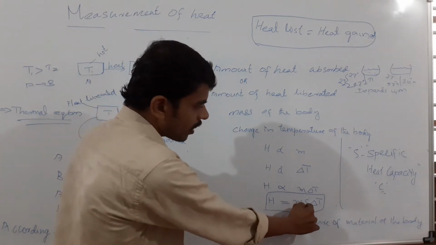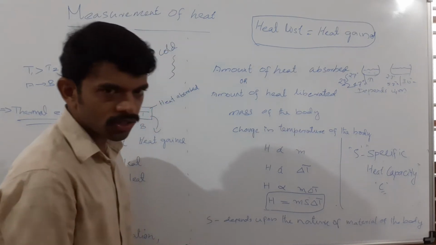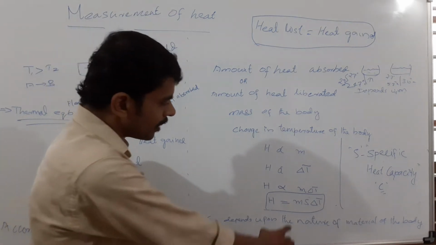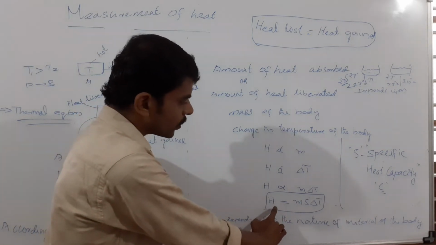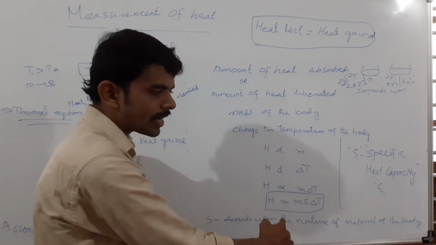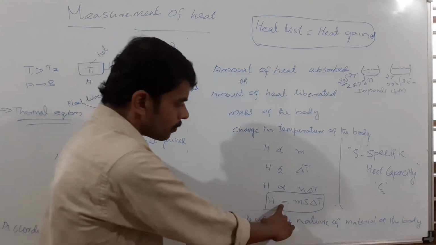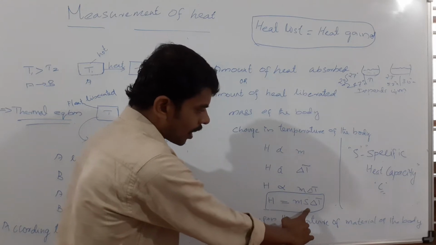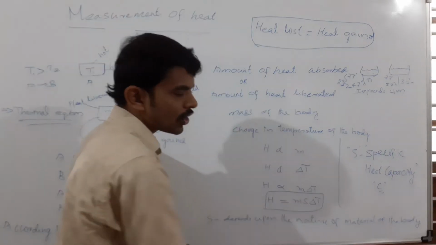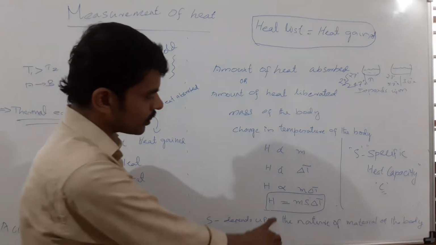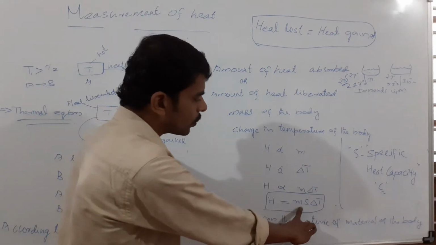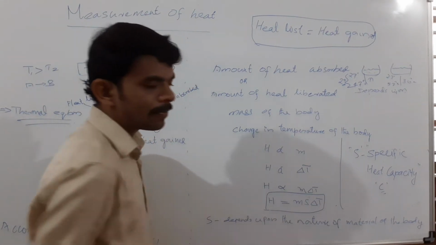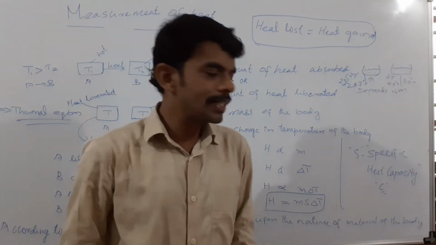That constant we have taken as S. I will tell you what S means. So H, the heat energy lost or gained by a body, is equal to the product of mass, S, and change in temperature. Simply we say H is equal to m S delta T.